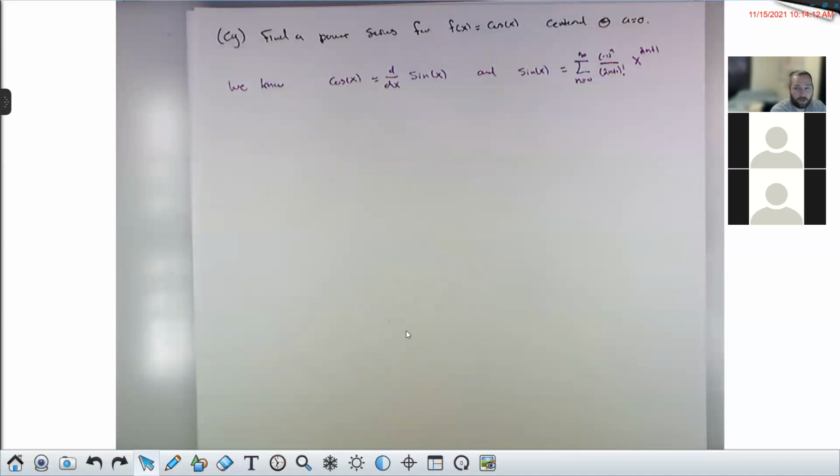So rather than cooking up the power series for cosine totally from scratch, why not differentiate the power series for sine?